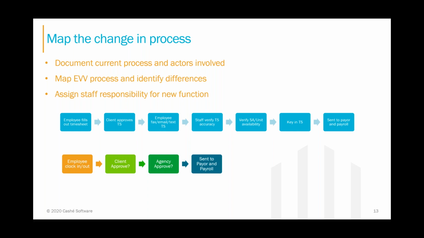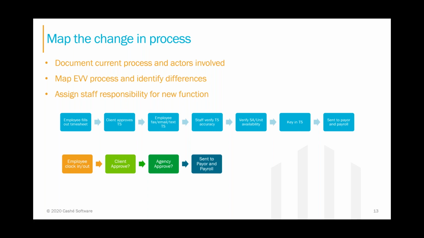The agency receives it and goes through a process of verifying the accuracy. If something's wrong, it sends the timesheet back to the employee. The employee or client makes corrections, then you get a fresh revised timesheet back. Then internally, you're doing a variety of things to verify units and availability of units, etc. And then finally, it's keyed in as a paper timesheet, and then that's sent to the payer and payroll.